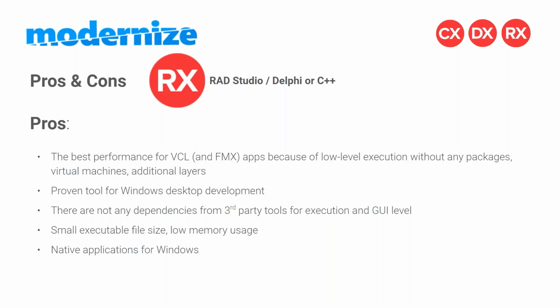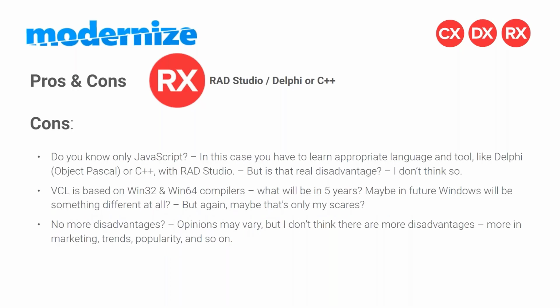It's a really proven tool for Windows desktop development, and we don't have any dependencies and layers like Chromium for UI or Node.js for execution. We have everything we need. We have a small executable size and low memory use, and of course we will have native applications for Windows.